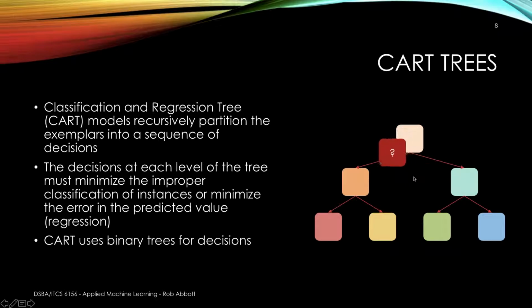So as I move to the next level of the tree, I need to determine, is this red color similar to the node I'm on top of? If not, is it more like the red color to the left, or is it more like the orange-yellow color to the right?